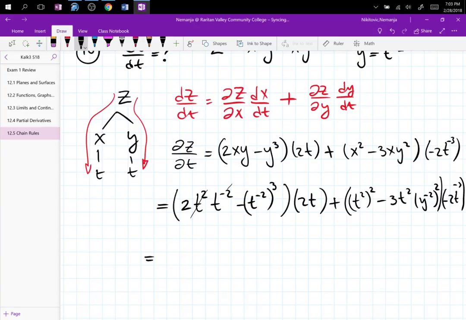So now these guys cancel to 1. So all I have is 2 minus t to the negative 6.